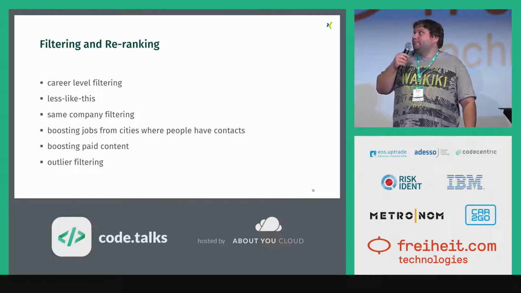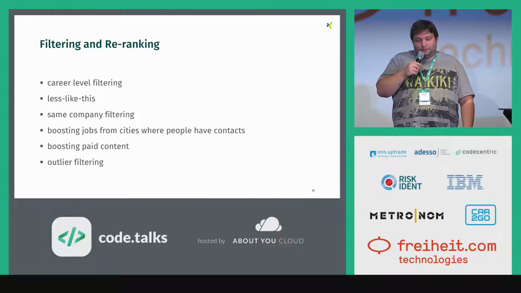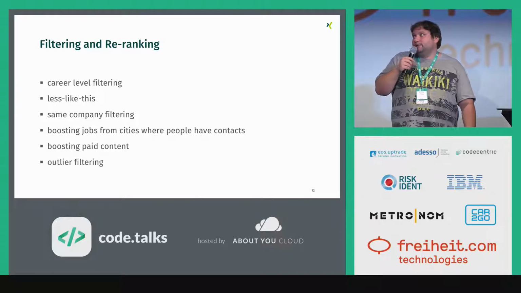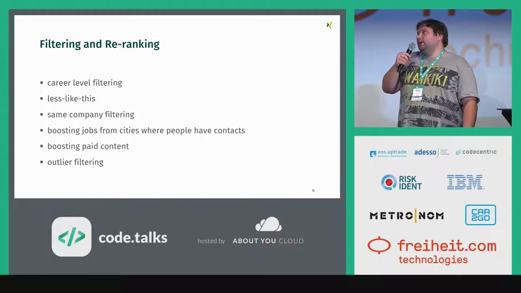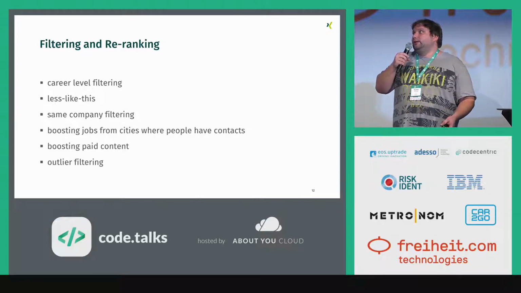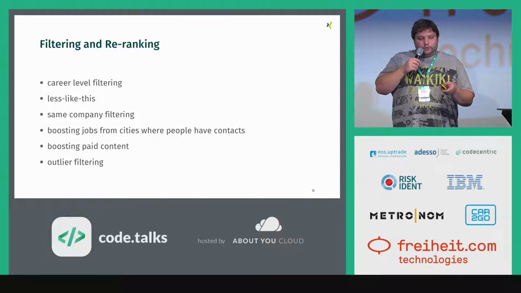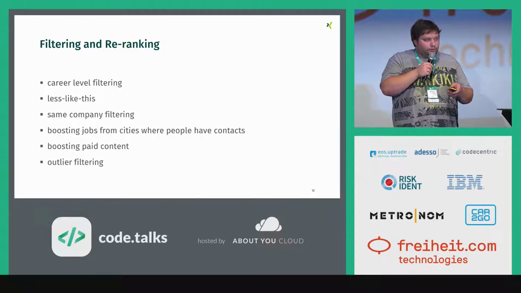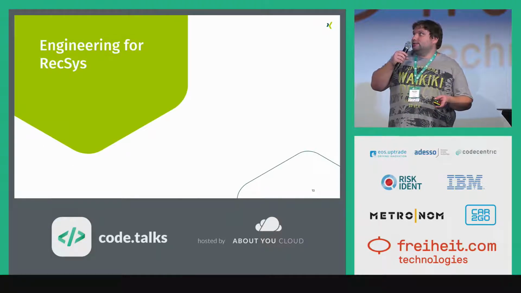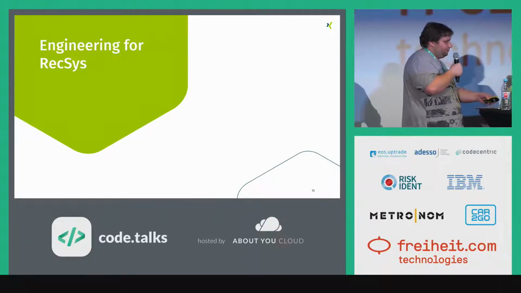And then, I already mentioned that we have to boost the paid content because we need to get some money, of course. And then we also learn an outlier filter, which is also learned on data where you interact with job postings. Okay, then we talk about engineering for recommender systems, and I will hand over to Katja.